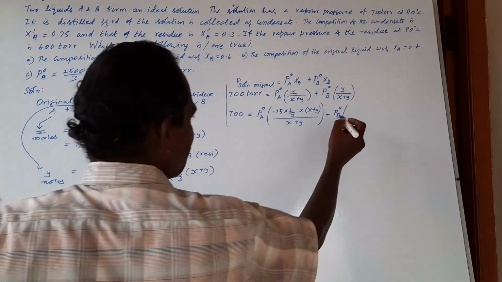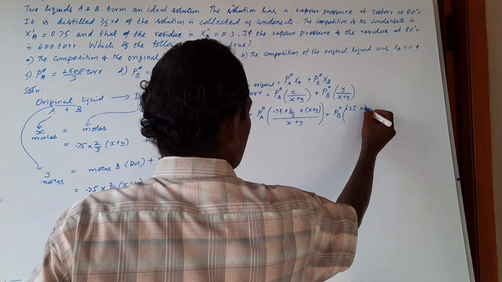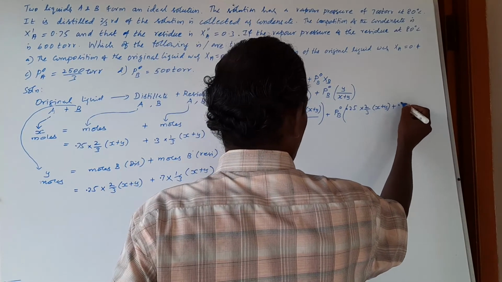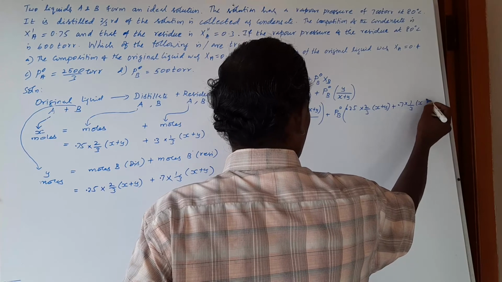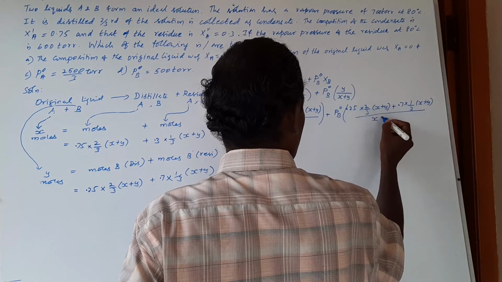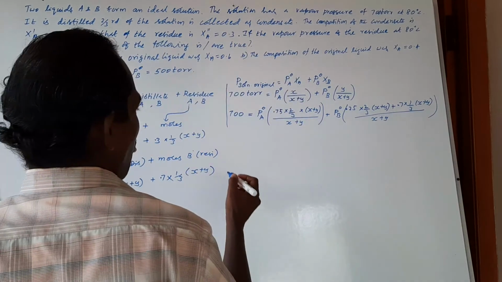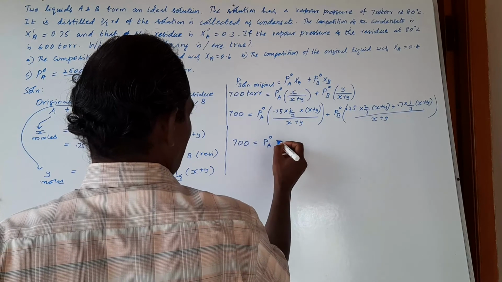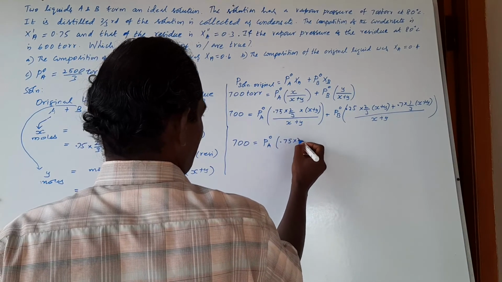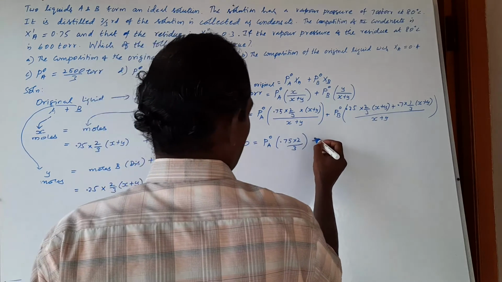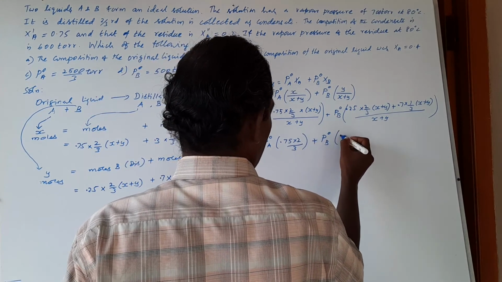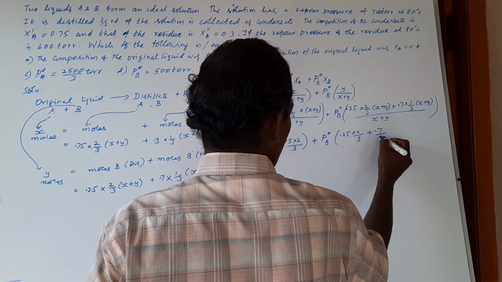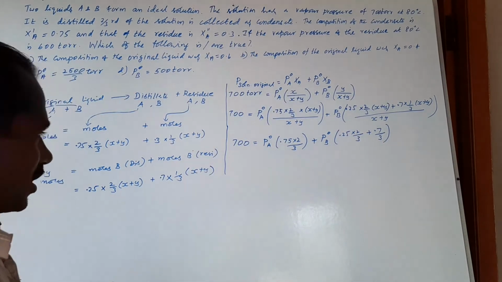Y is equal to 0.25 into 2/3 into X plus Y plus 0.7 into 1/3 into X plus Y by X plus Y. Now X plus Y get cancelled. So 700 equal to P0 A into 0.75 into 2/3 plus P0 B into 0.25 into 2/3 plus 0.7 into 1/3. It is one relation.